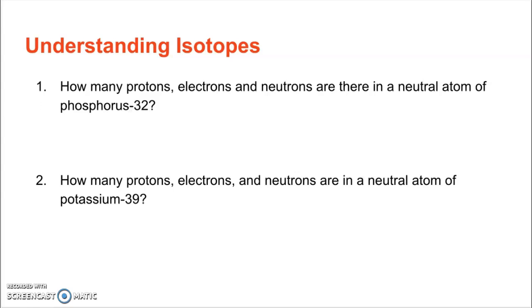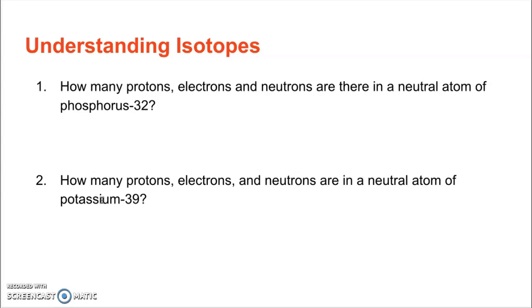So I must have 15 electrons. But now I need to solve for neutrons. If 32 is our mass number, and I have 15 protons, I just subtract the 2 to find my number of neutrons. So my number of neutrons for phosphorus is going to be 17.